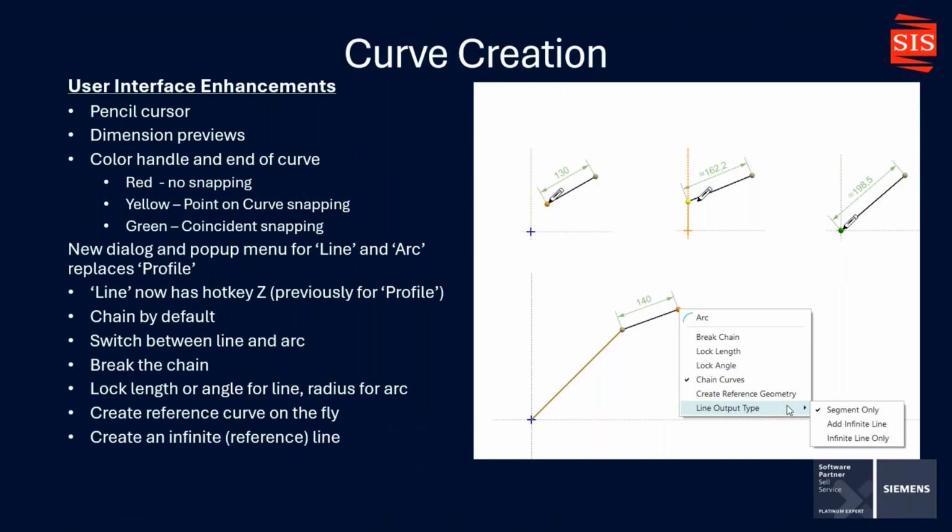That's kind of neat, because if you created a reference curve, you would have to constrain it just like everything else to get to a fully defined sketch. And with an infinite line, you don't need any constraints in the endpoints. It's infinite. So you still probably need one for the angle, but that's a pretty neat enhancement as well.